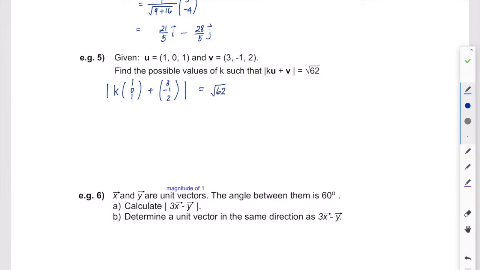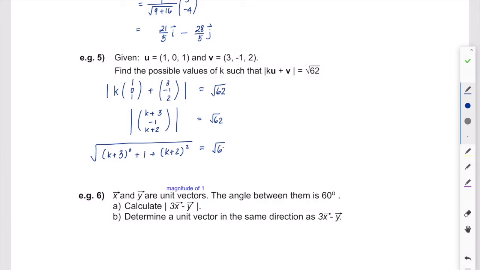This becomes the vector k plus 3, minus 1, and k plus 2. Which means that I need k plus 3 squared plus negative 1 squared plus k plus 2 squared, all square root, to equal square root of 62.